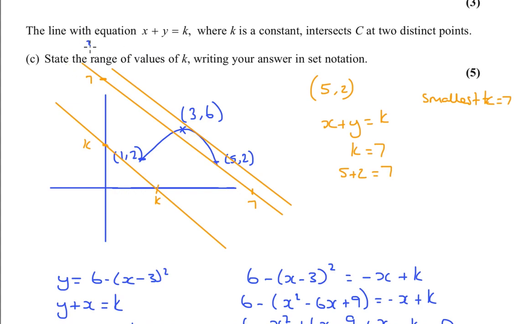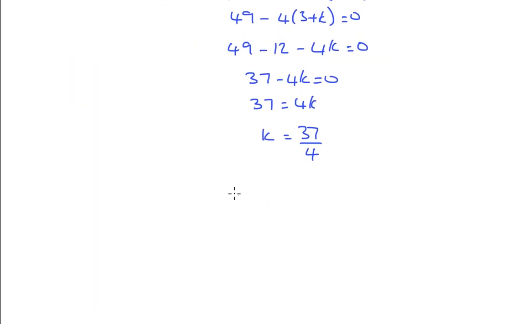So 37 over 4 up here is now too big. 7 is okay, but it's the smallest it can be. 37 over 4 is too big, so k needs to be in the set of values.